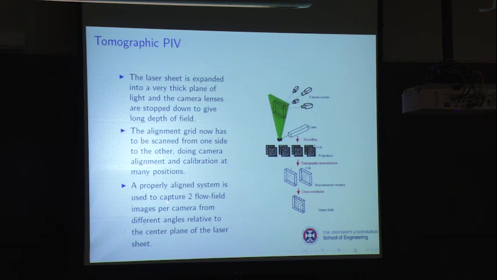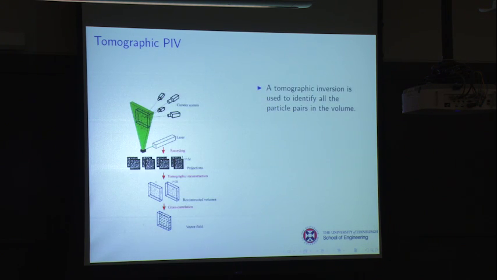So the system is going to capture 2 flow field images, in other words, like a PIV, per camera from different angles relative to the center plane of the laser sheet. So you're going to capture 4 or 5 images from different angles. So you apply a tomographic inversion on the particle pairs that are in the volume.